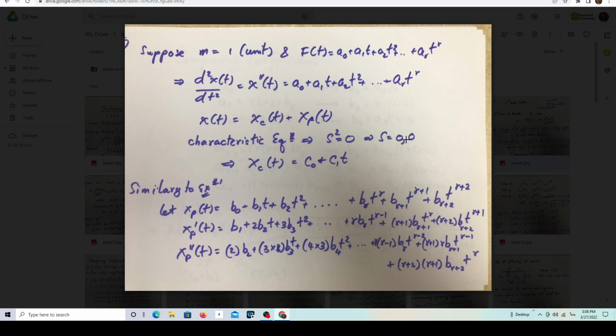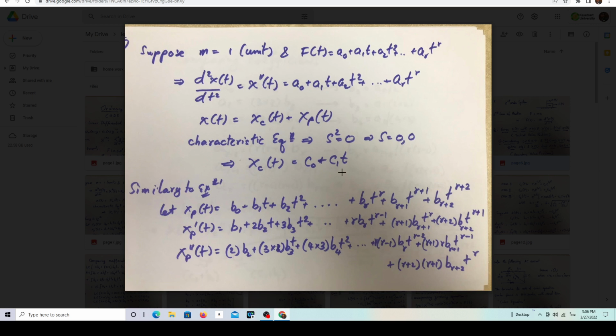But since it's a repeated root, the second term has to be c sub 1 times t times e to the s t. But s is 0, so the exponential becomes 1 because it's e to the power of 0. So this is the general solution for x sub c(t).